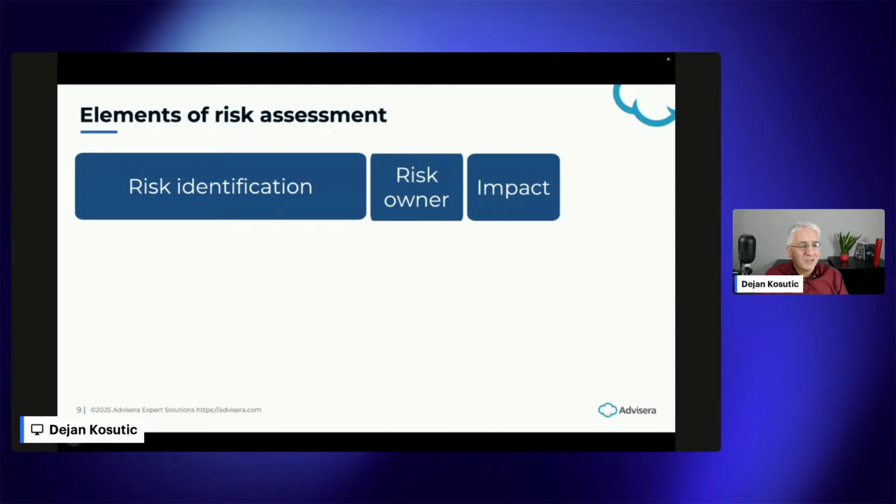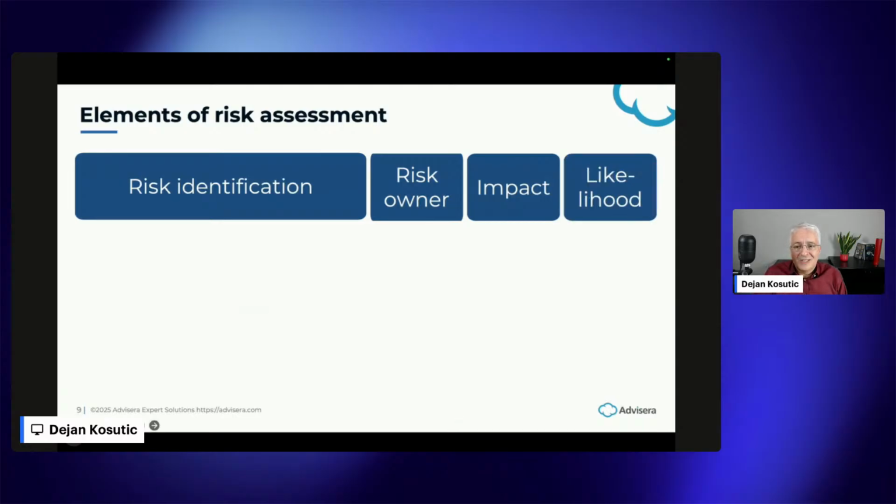And these consequences are always assessed through the perspective of damage towards confidentiality, integrity, and availability. So if something happens, what would be the damage related to your confidentiality or availability or integrity? This is something that you have to take into account.